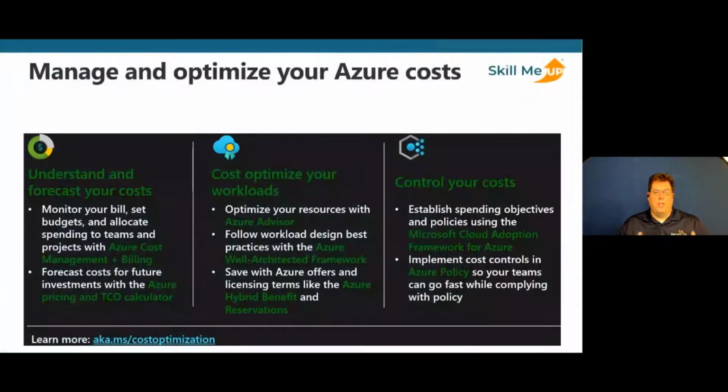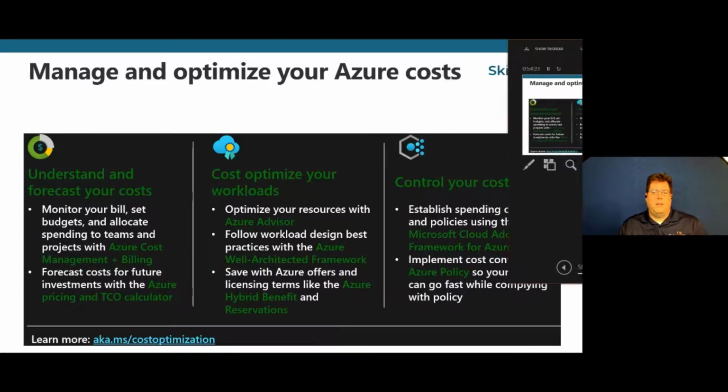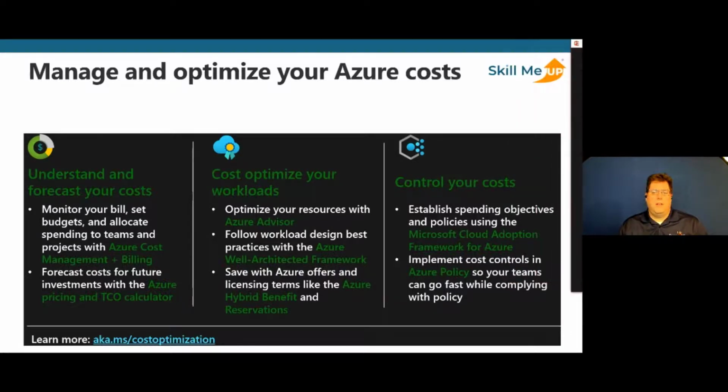So what do we want to do as we go into looking at optimizing costs? Some of the key things here are we want to conduct our strategies properly, and we want to have an engagement on how we're going to manage and optimize our costs and become more efficient within our Azure footprint.